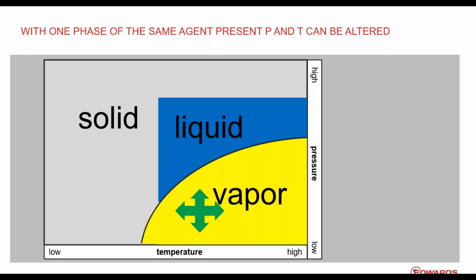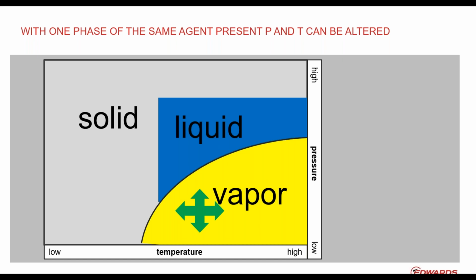It doesn't matter here. For the case where we only have a vapor state, pressure and temperature can be moved independently, and they follow the gas laws, pressure times volume is constant, as I've shown you in this piston pump example.